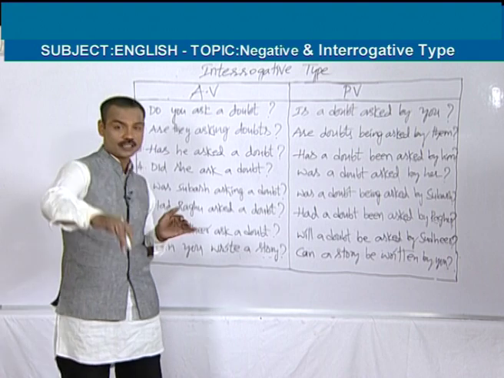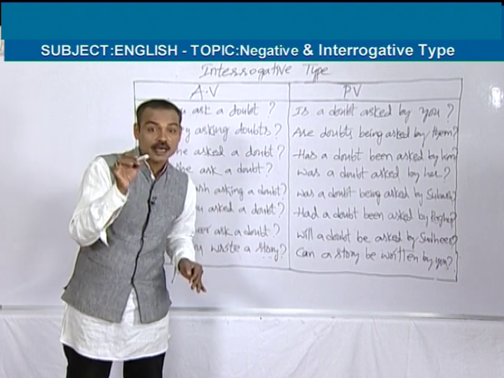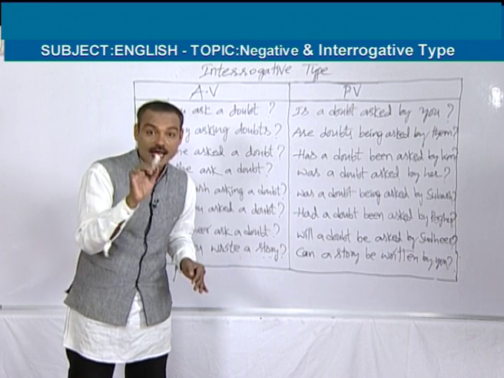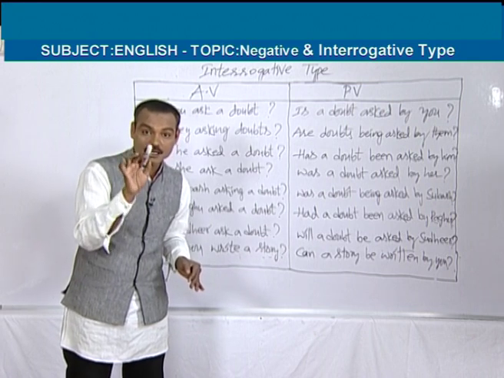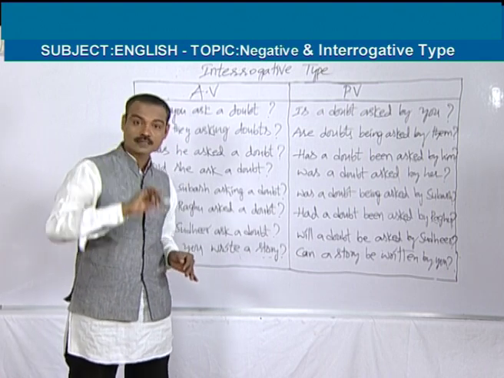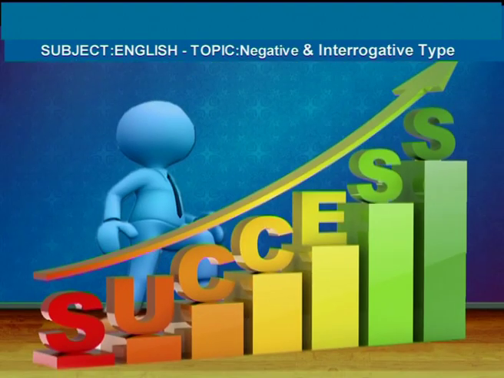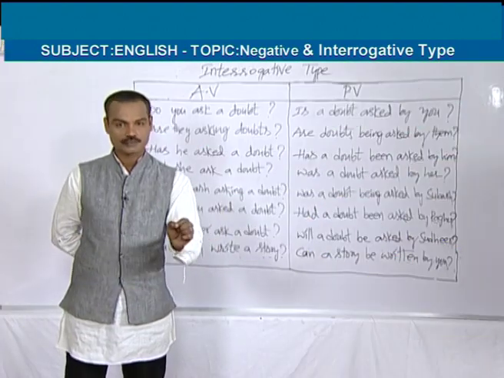So friends, when they give options like that, you should observe which option starts with either have or has. Whatever option starts with either have or has, that may be the answer. For example, option A starts with has, option B starts with have.